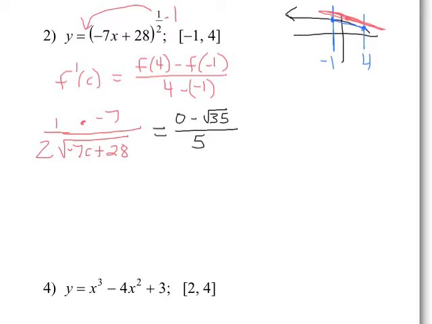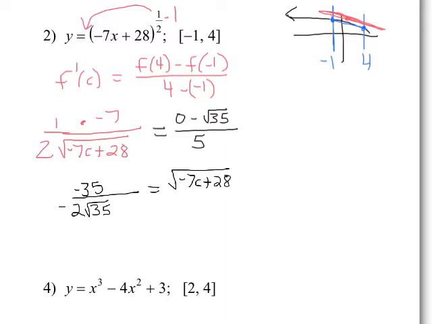And we're trying to find the c that satisfies it. So we can do some cross multiplication, or maybe what we're going to do is try to isolate the c. If I multiply the 5 across, I'll have -35. I'm going to multiply the -√35 down here, and this is all equal to the square root of -7c plus 28.